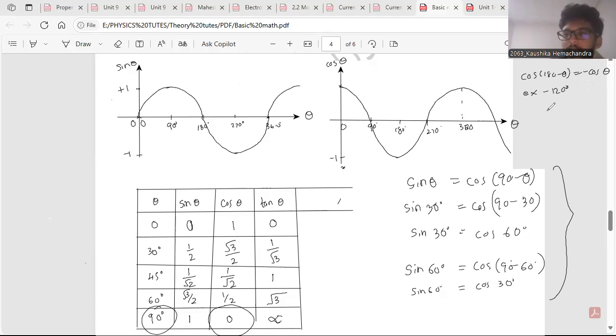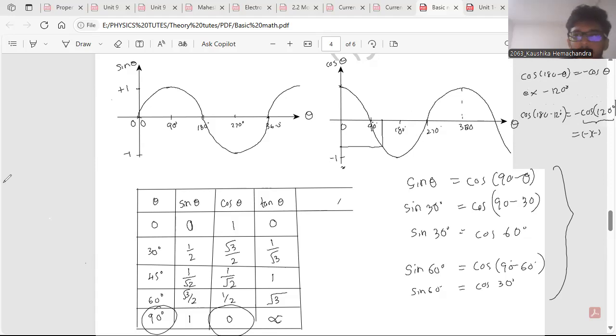So theta is 120. 120 is between 90 and 180, which means there will be a minus value. That is equal to cos 180 minus 120. So cos 120 is a minus value, obviously. You can see from the graph.